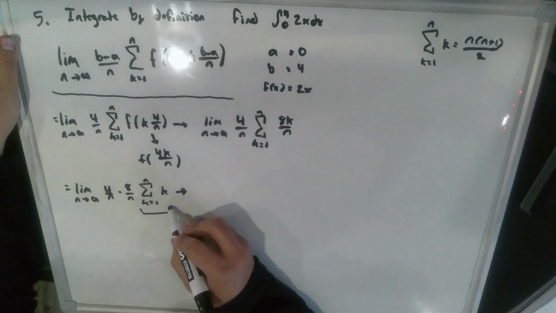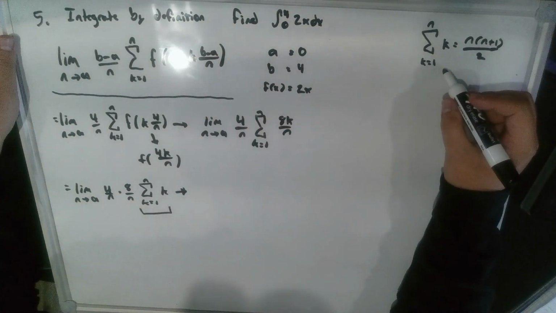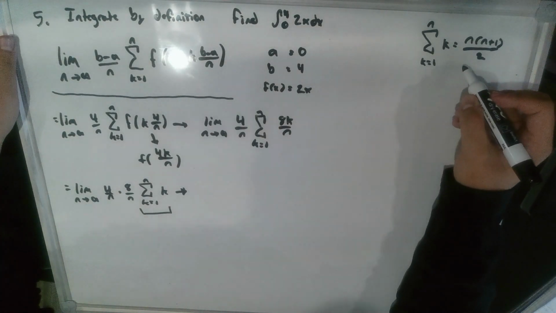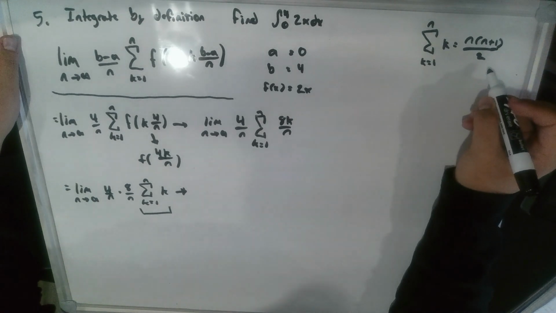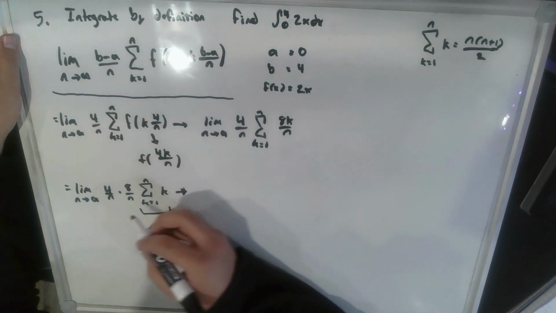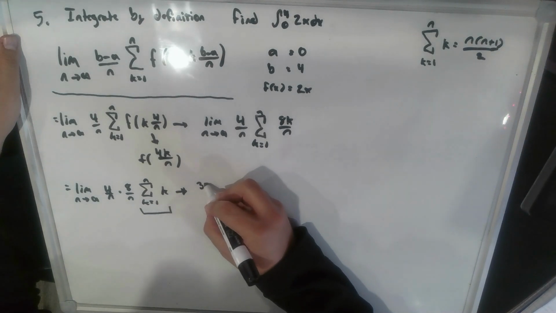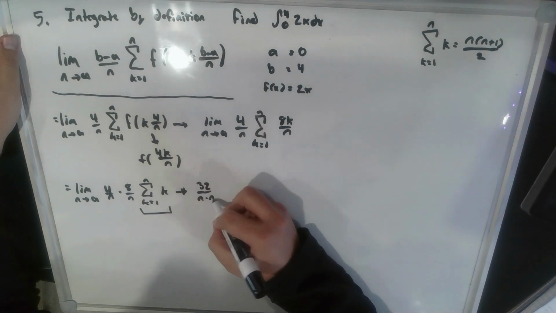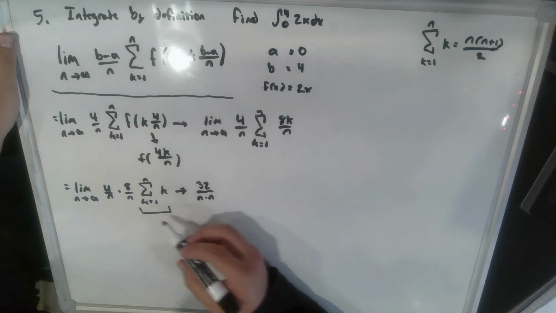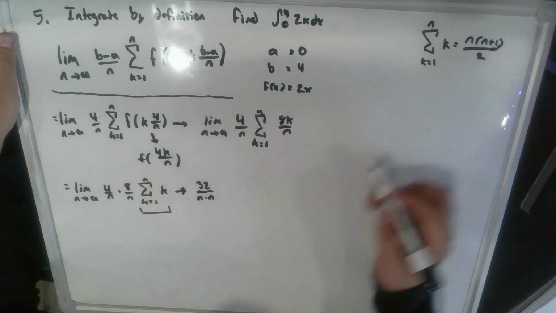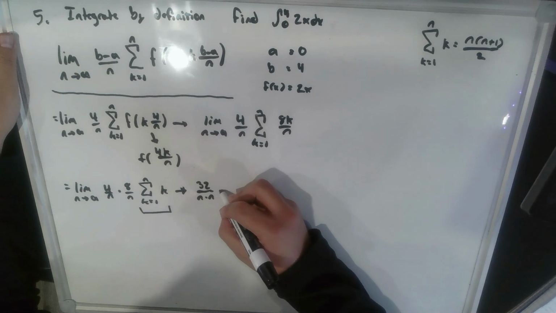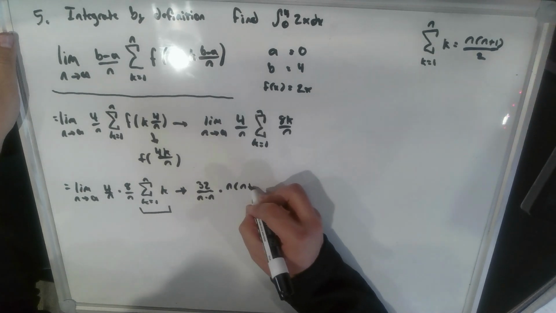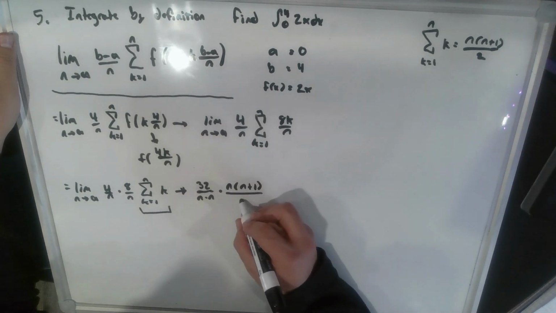This sum is exactly what we have up here, and this can be rewritten as n times the quantity n plus 1 all over 2. So 4 times 8 equals 32 over n times n, and then the summation becomes n times (n plus 1) all over 2.